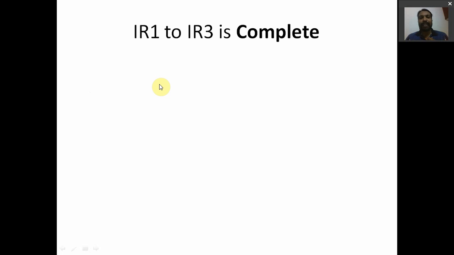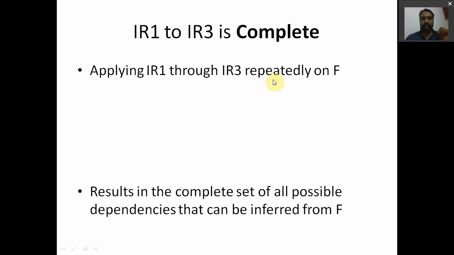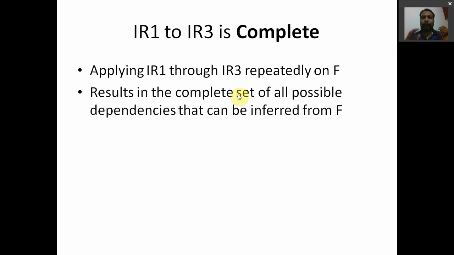Then IR1 to IR3 is also complete. That is, if you apply all these three rules repeatedly on F, it results in the complete set of all possible functional dependencies that can be inferred from F. So if you want to infer all the functional dependencies, or find the closure of F, we have already defined closure.